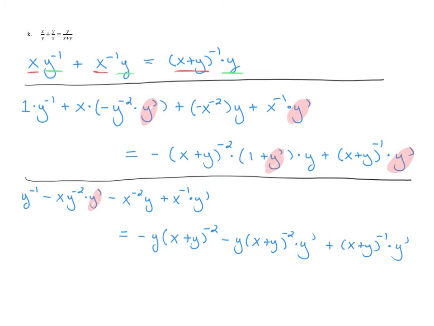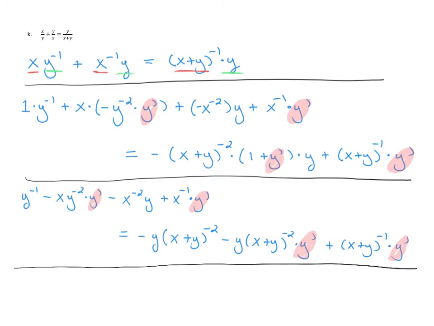There's one here, here, here, and here. Okay, I want all of those on the left side of my equation. So I'm going to move these over, and I'm going to move this to the other side. Okay, let's see if I can actually fit all of this in here.